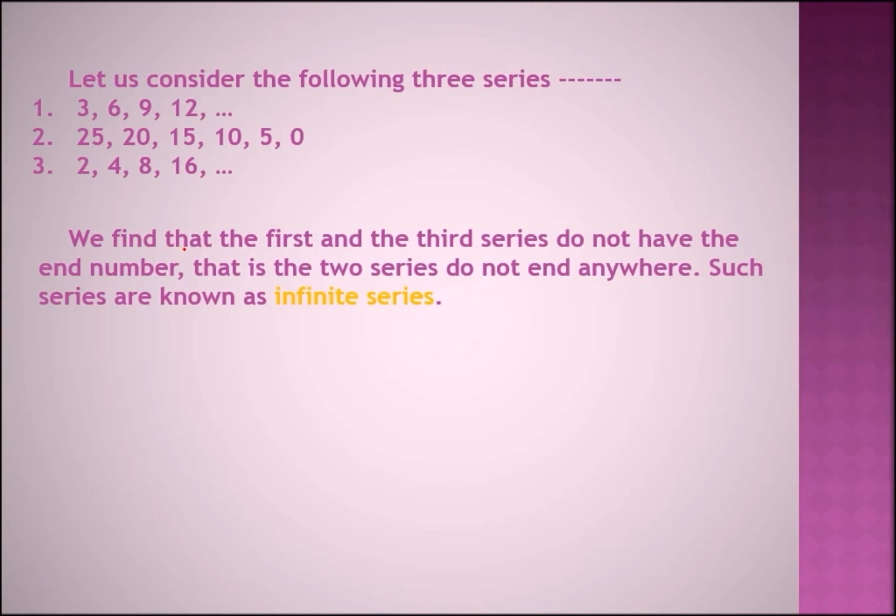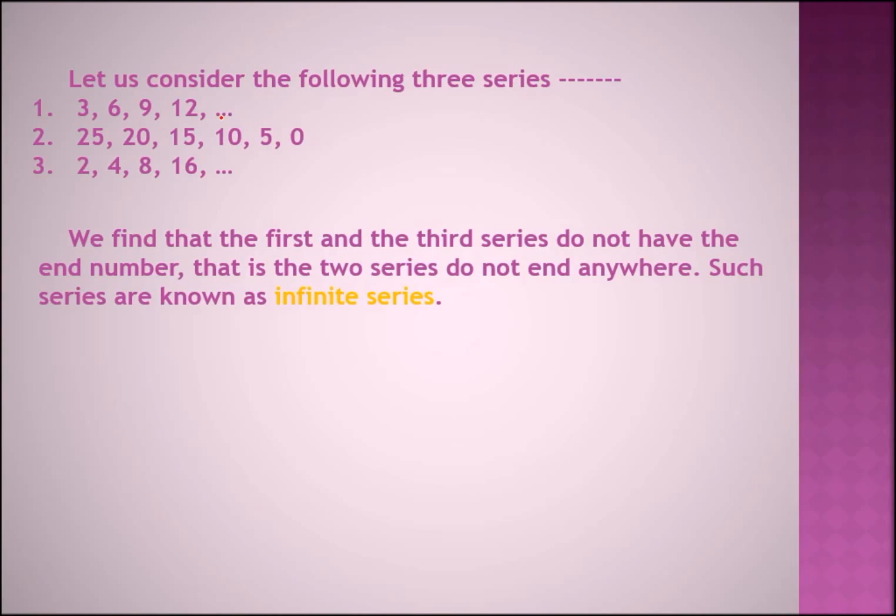Now we find that the first and the third series, that is 3, 6, 9, 12 followed by 3 dots, as well as 2, 4, 8, 16 followed by 3 dots, do not have the end number. Like the second series, this is the last number that we are seeing. But over here we are not having any last number, but there are 3 dots.